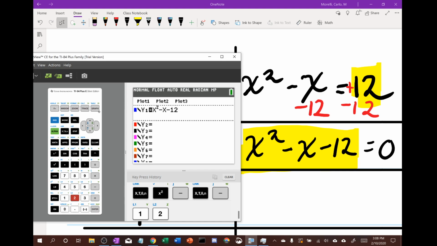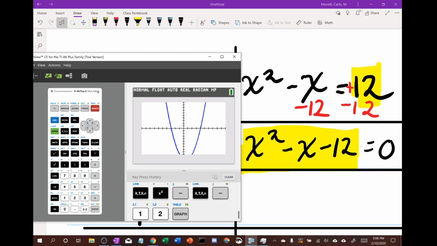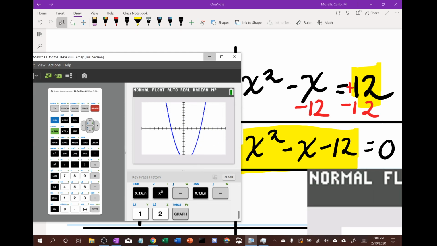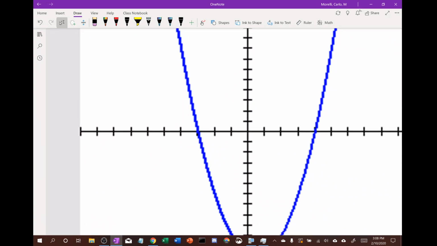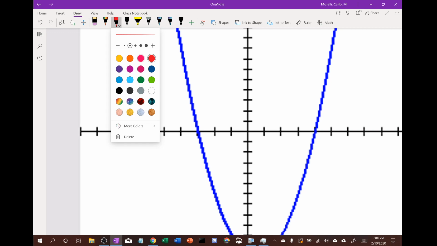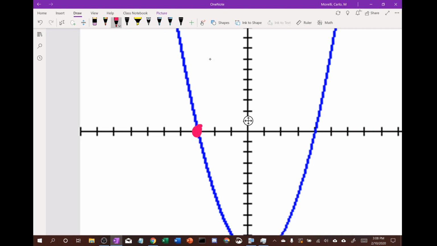And now what we want to do is just hit this graph button right here. Now, if we look closely, we can actually see where this thing is crossing the x-axis. It's crossing right here.